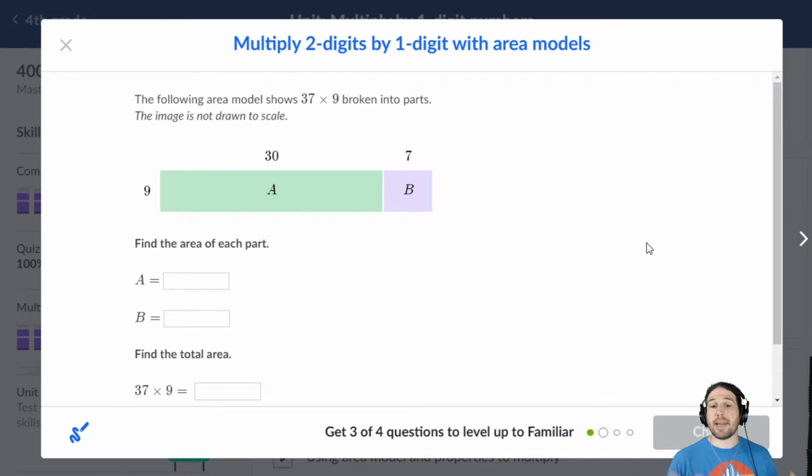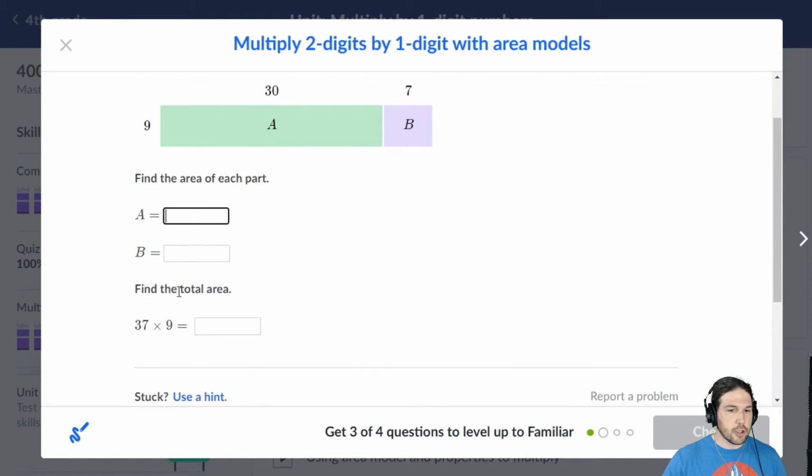Same deal, except now we're doing 37 times 9. And again, it's just a matter of finding the area of each of these two rectangles and then adding them together. It's a visual device to help people see what's called the distributive property of multiplication, which we have also talked about on this channel at great length. 9 times 30 is 270.